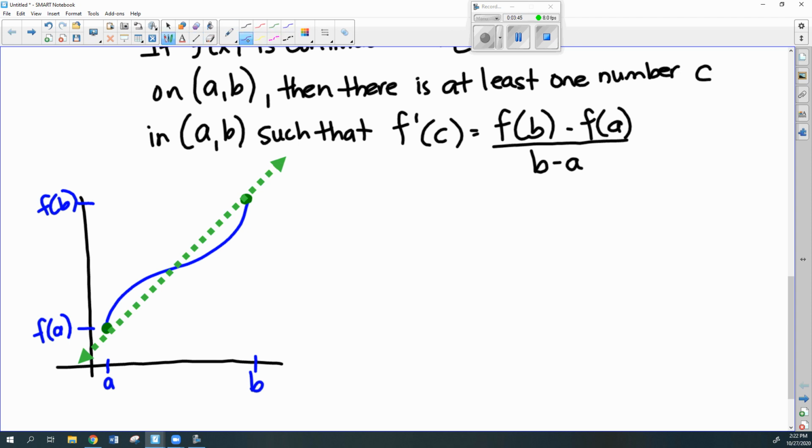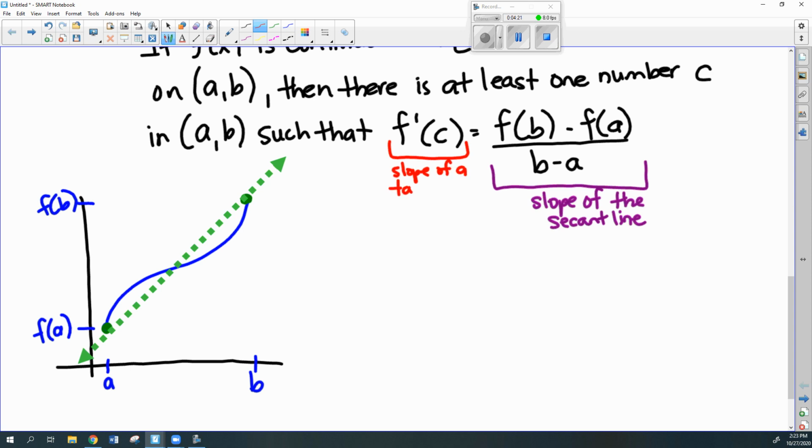So this part of the theorem represents the slope of the secant line over that interval. Now, if you remember, the whole idea of a derivative is the slope of a tangent line. So this side represents the slope of a tangent line at a specific point.